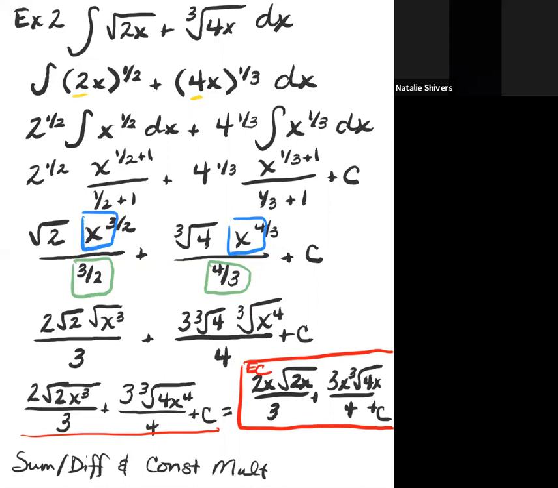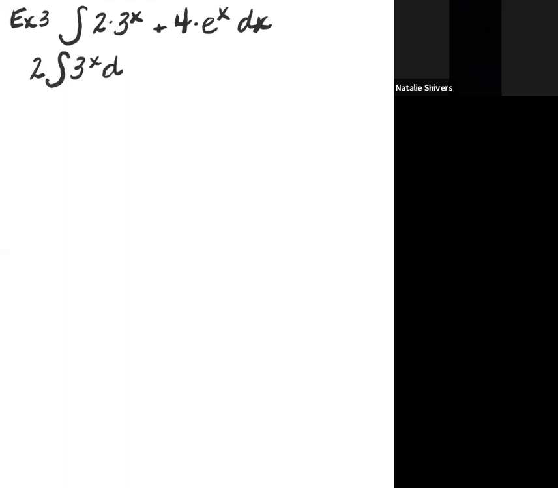All right, so let's get back to a little bit easier ones. All right, so we have the integral of 2 times 3 to the x plus 4 times e to the x dx. Okay, so again, we're going to use those two rules again. We're going to put 2 integral 3 to the x dx plus 4 integral e to the x dx.